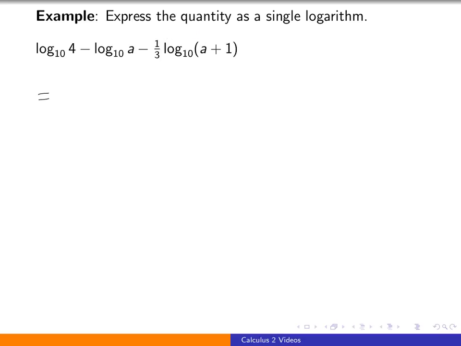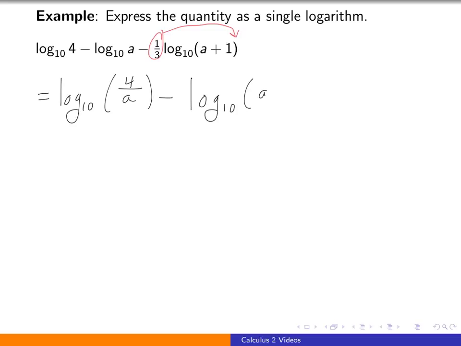So we can write this as log base 10 of 4 over a, minus, and then I'm going to take the 1/3 in front of this logarithm and move it inside. So minus log base 10 of a plus 1 to the 1/3.